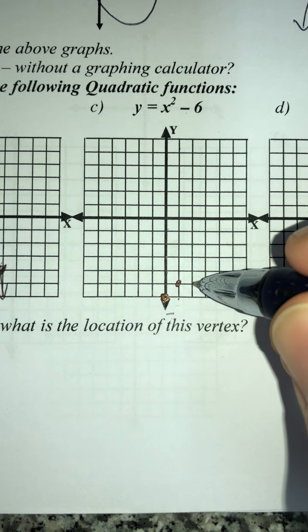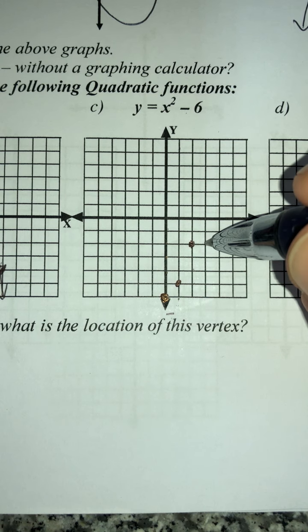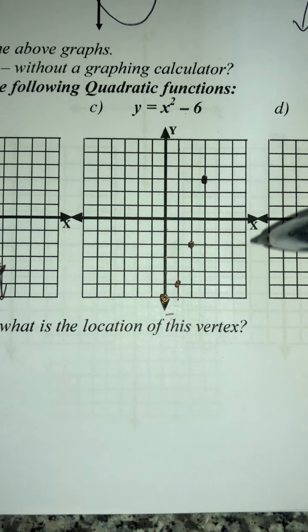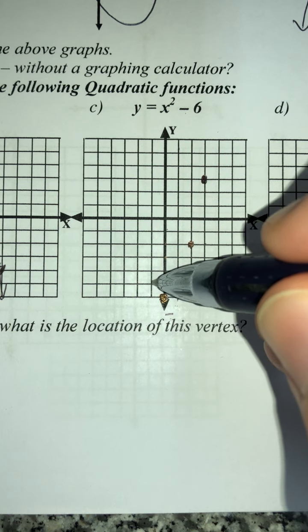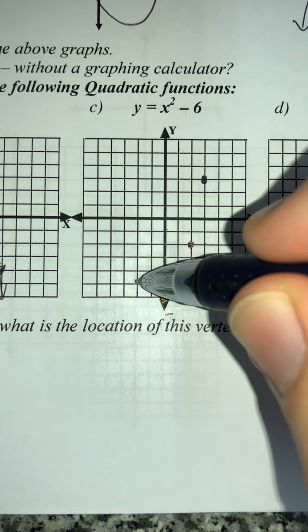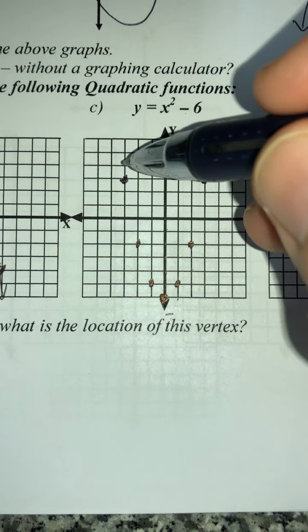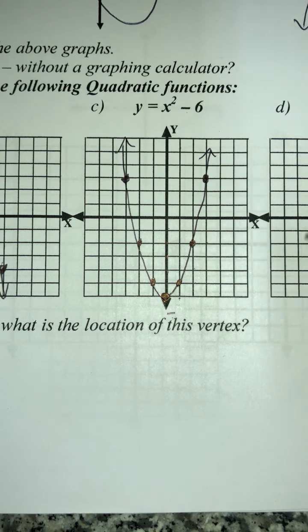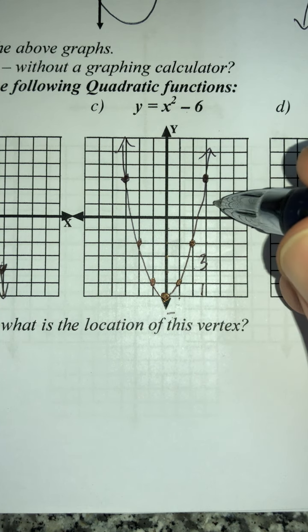Across 1, go up 1, 2, 3. Across 1, up 1, 2, 3, 4, 5. So I'm going up by increments of each consecutive odd number. So across 1, up 1. Across 1, up 3. Then up 5. And this gives you the nice quadratic. So again, first I go up 1, then I go up 3, then I go up 5.